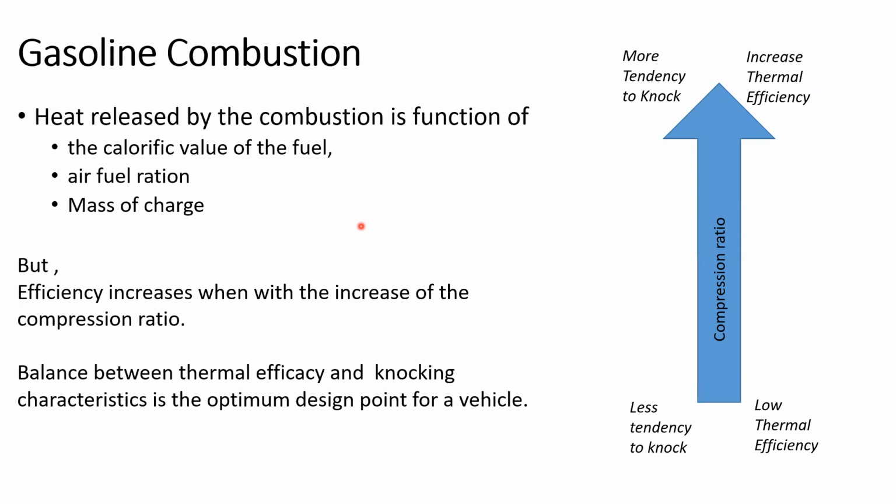But in order to increase efficiency and produce more power, you need to increase the mass of the charge, how much I put in. The good thing about air is it's very compressible, right? So if we can compress more air and put it in, we can get more power out of that.